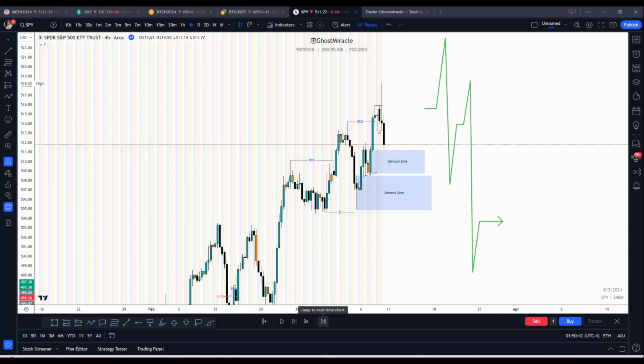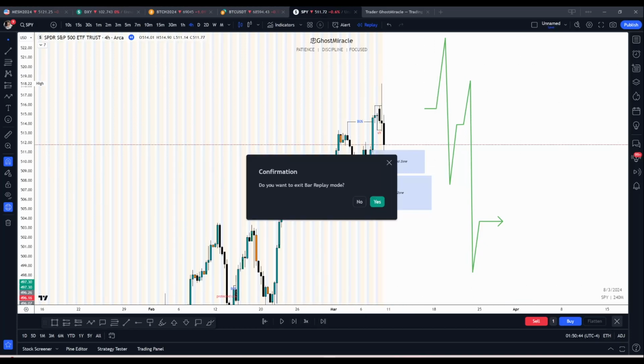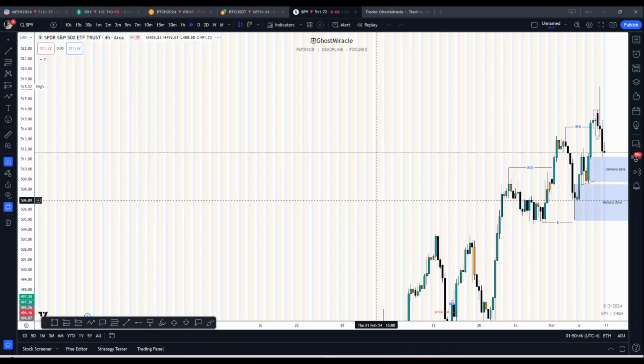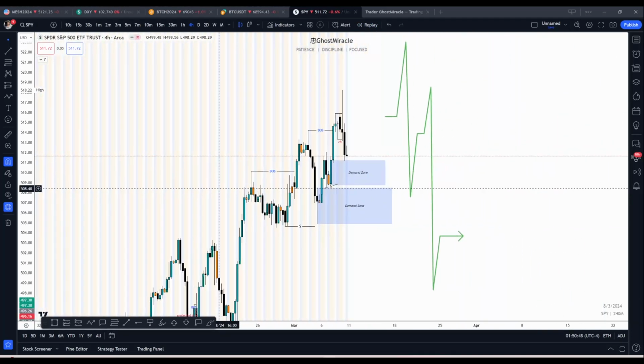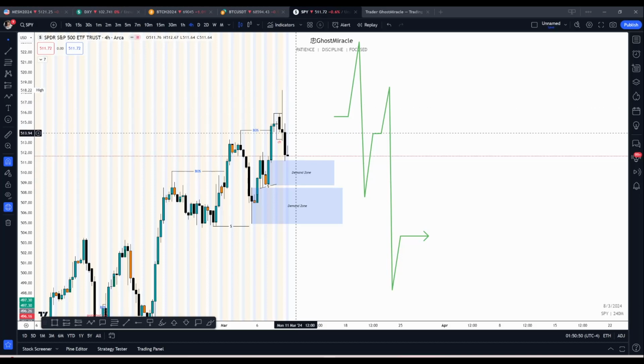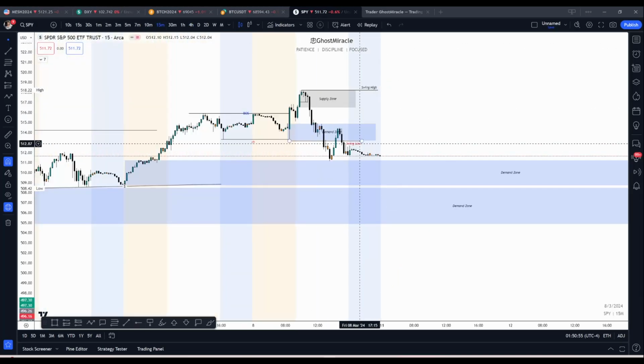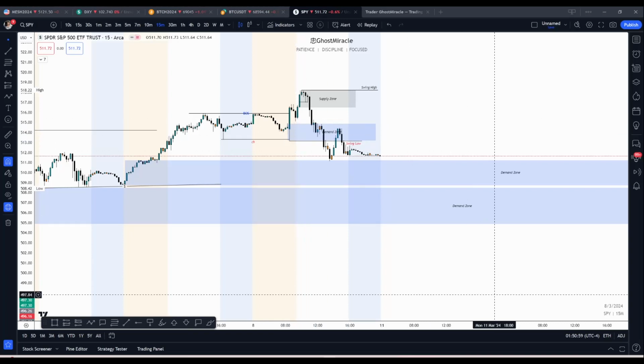Let me go back. I need to backtrack. I think. Oh no, this is current price action. Yeah, that's current.